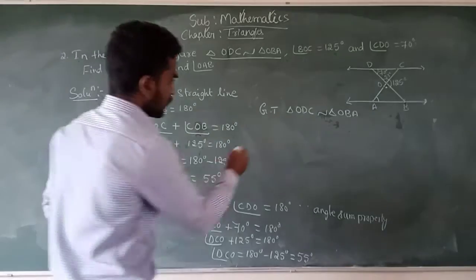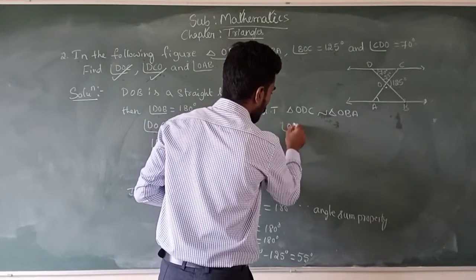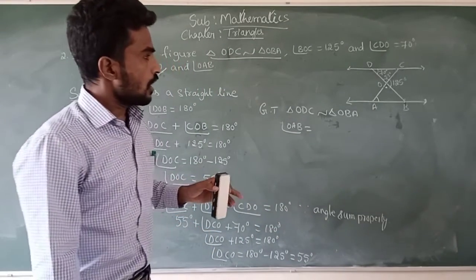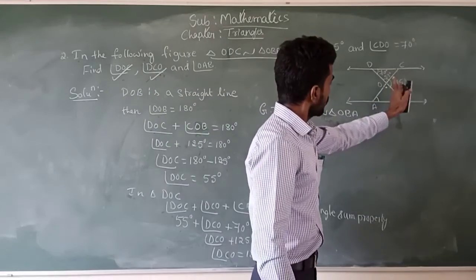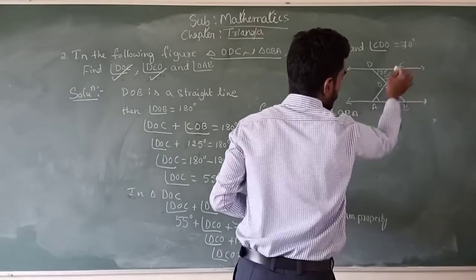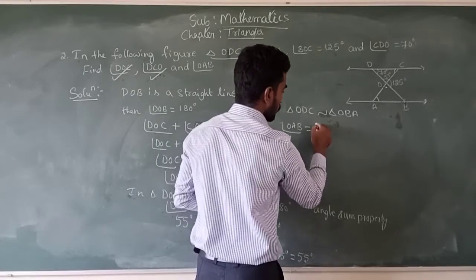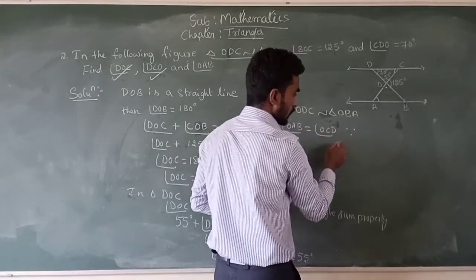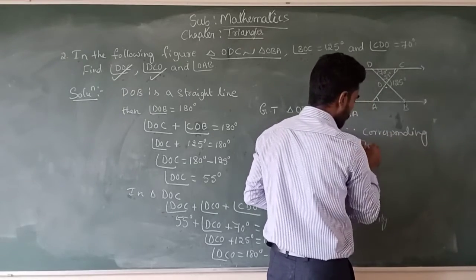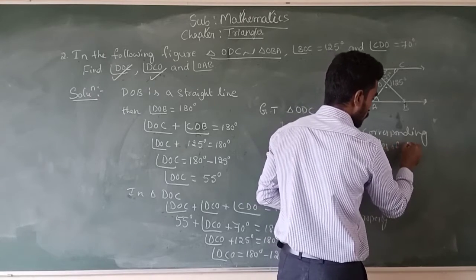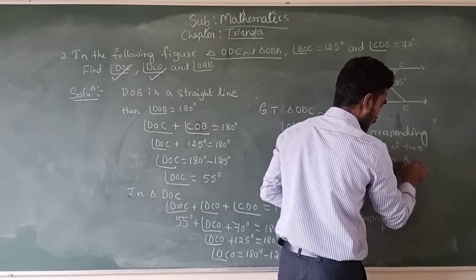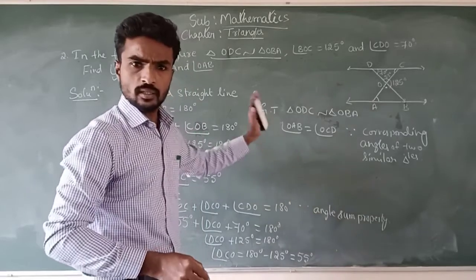We get angle OAB is equal to, this angle OAB means this angle, is equal to this angle OCD, because corresponding angles of two similar triangles are always equal.